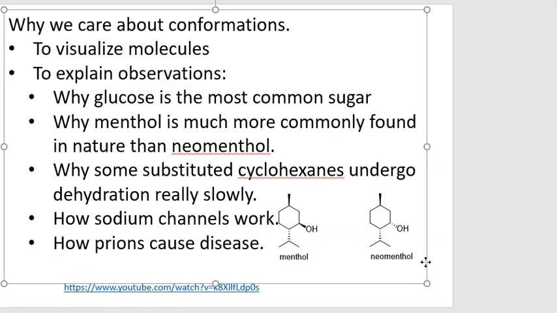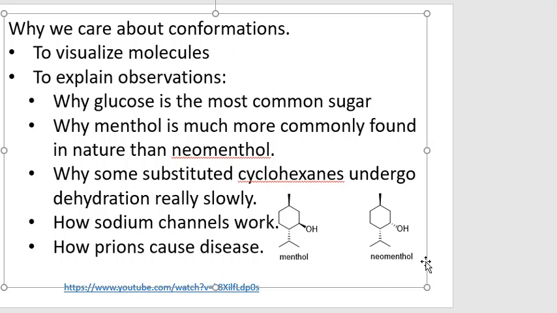So you might wonder why we care about these conformations. And it turns out that when you're studying enzymes and how active sites work, or you're studying prion diseases or sodium channels, or why some molecules are more common in nature and some are less, why some reactions happen, a lot of those things end up with conformations contributing to the answer.